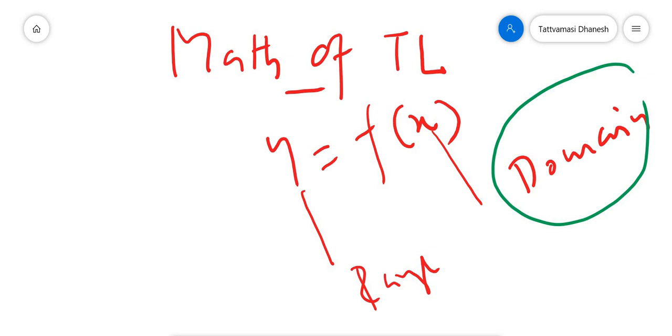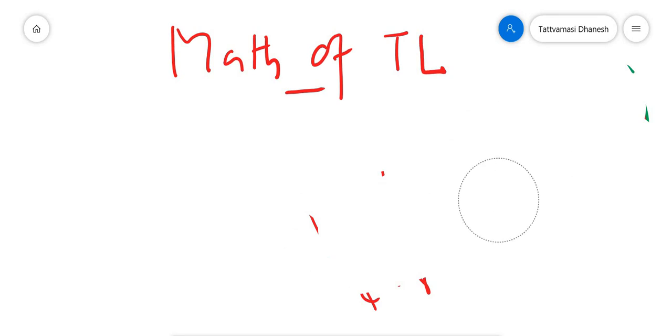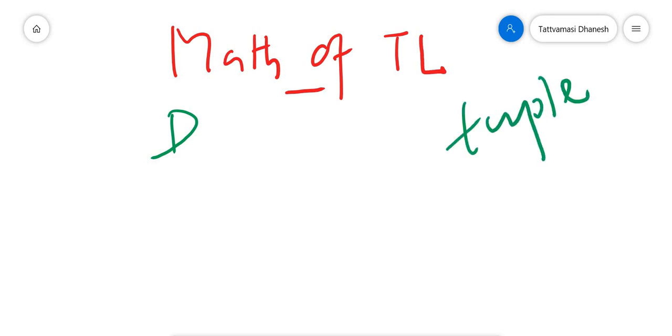Now, let us assume we are defining a domain D. It is defined as a two-element tuple. A tuple, you know, in Python and even in math, is just a sequence of elements.